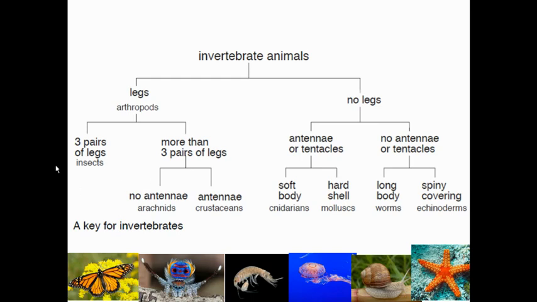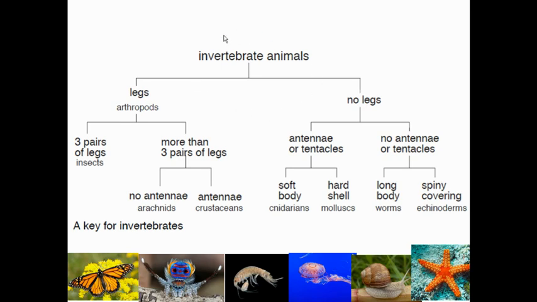So what does this look like? We've got our overall invertebrate group, and then we can further divide that down to make the group slightly smaller into invertebrates with legs. Those are our arthropods. And then we've got invertebrates with no legs. We've already subdivided our animal kingdom into 2 groups of vertebrates and invertebrates.